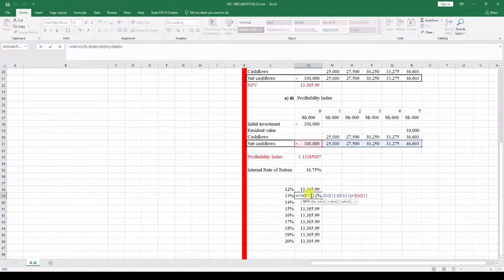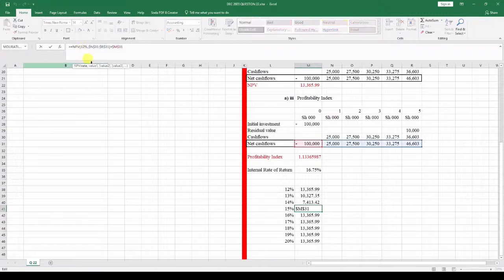But it's picking 13%, or it's because I didn't change. You see, it's still at 12% here. So what I'll do, I'll just change this to 13%, 14%, like that, 14%, 15%, and so on and so forth.